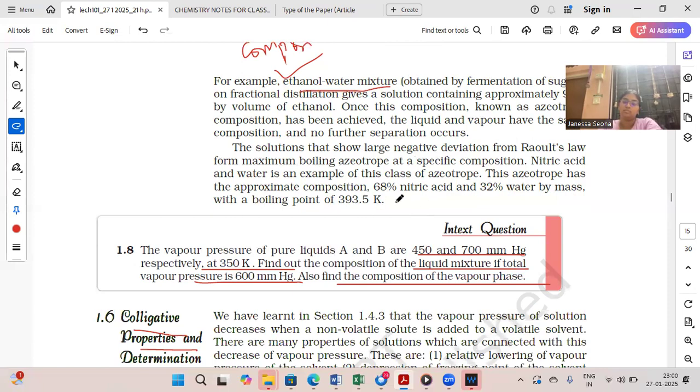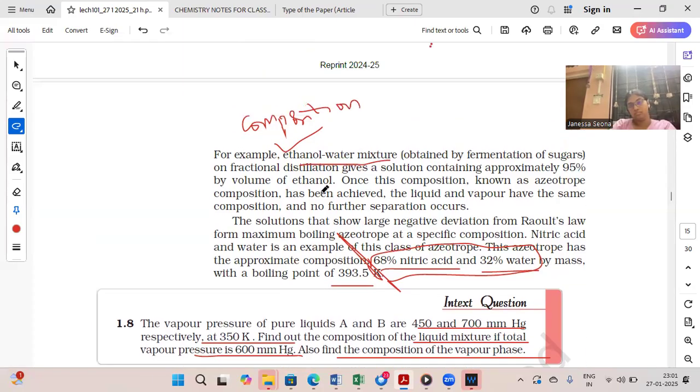Here there is another example, nitric acid water. This is given here: 68% nitric acid and 32% water by mass with a boiling point of 393.5 Kelvin. Approximately 95% by volume of ethanol, okay?